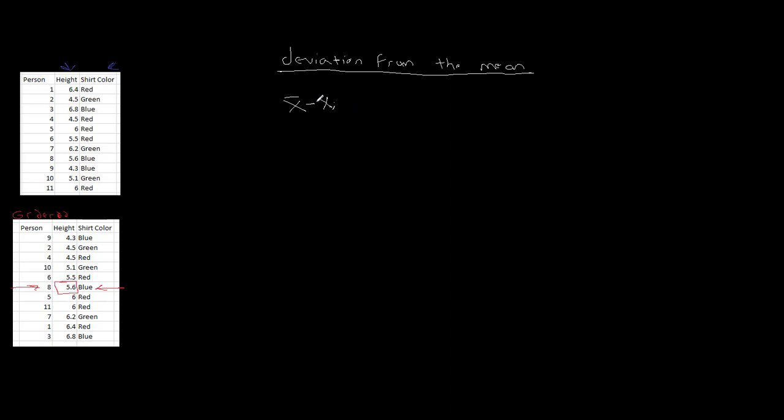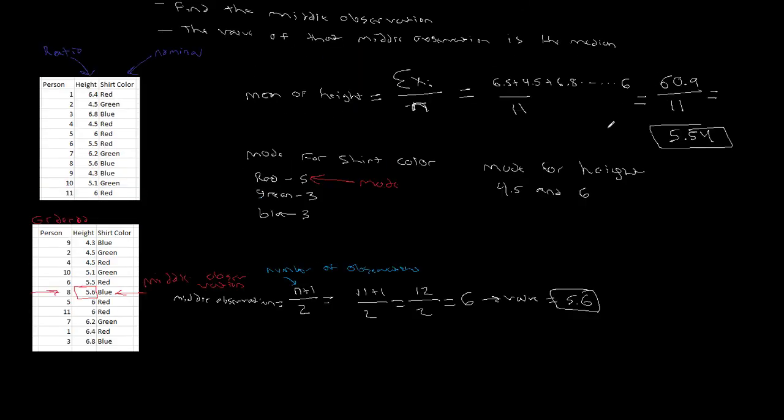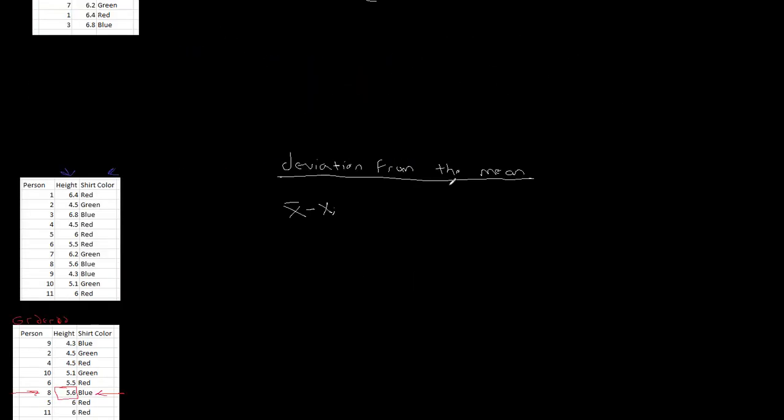So if we scroll back up a little bit here and grab our mean, which was 5.54, I'm going to write that number over here. Our x bar from the previous video was 5.54, right? And so for this first observation here, the 6.4, the deviation from the mean would be 5.54 minus 6.4.